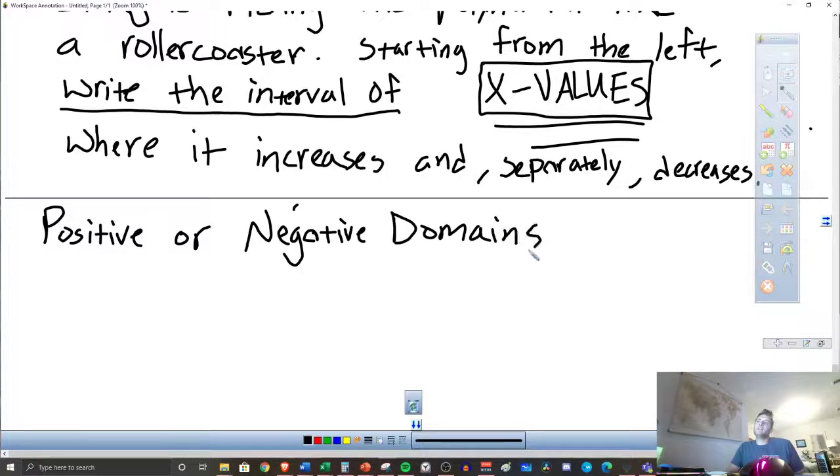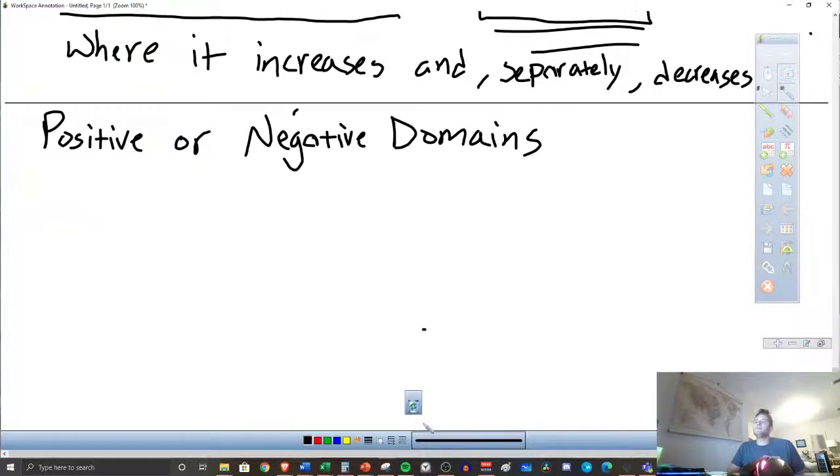So let's have the same exact mindset. Let's imagine we're on a roller coaster and we're going up and down and up and down. Imagine riding a roller coaster, or riding the polynomial like a roller coaster.